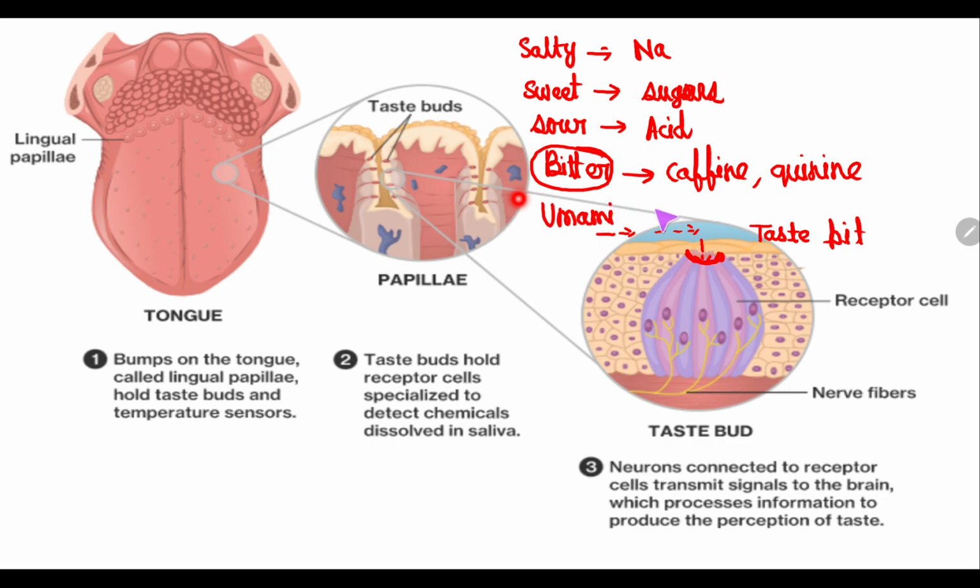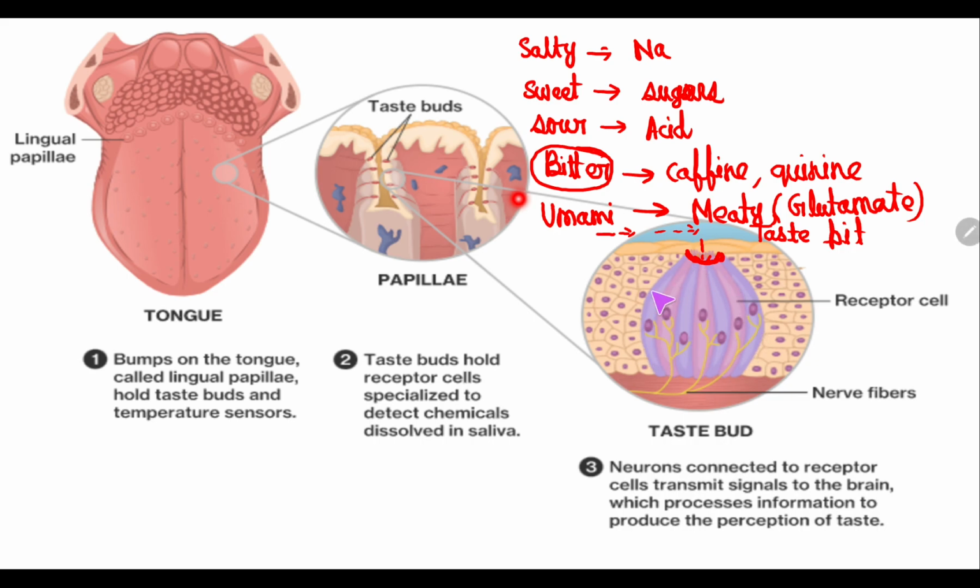Umami is the meaty taste detected by our taste buds. In meaty taste especially they will detect glutamate, the amino acid present in that food. So these all are the 5 tastes detected by our taste receptor cells.